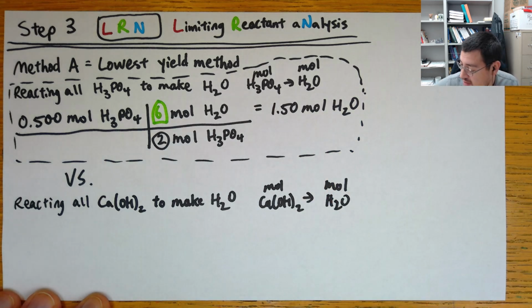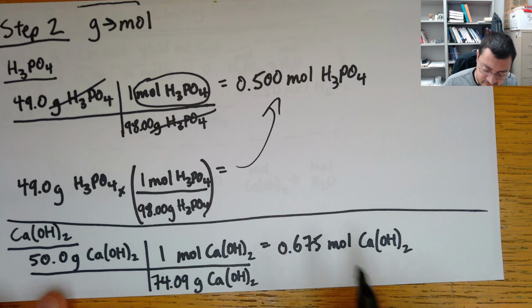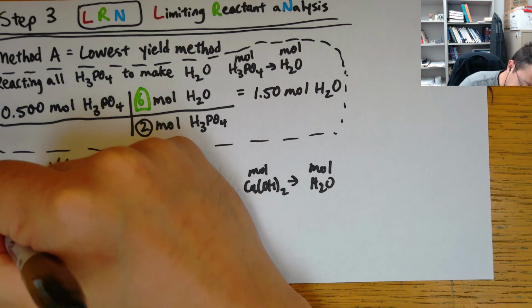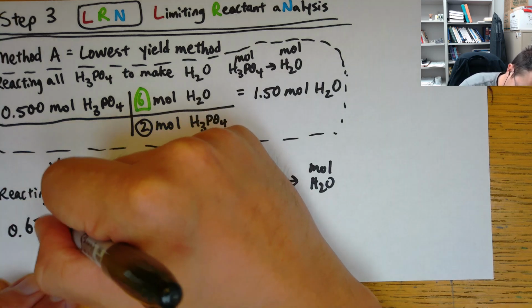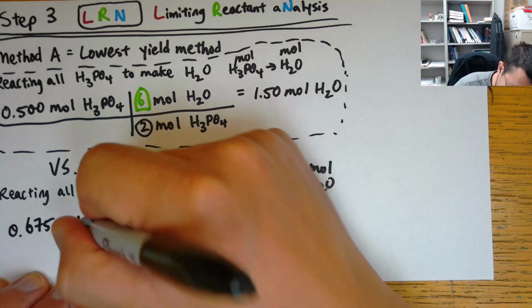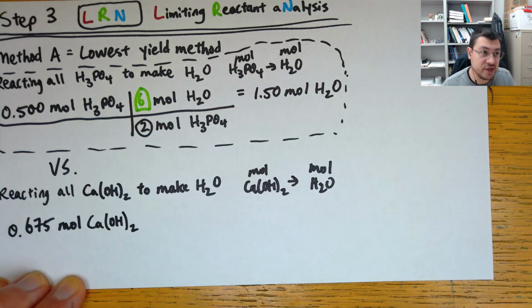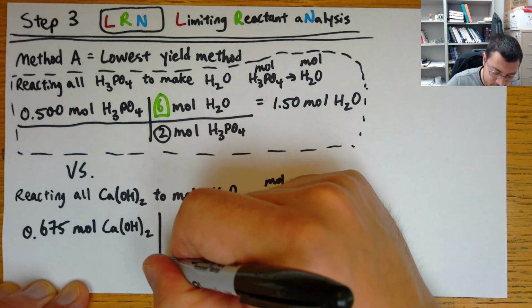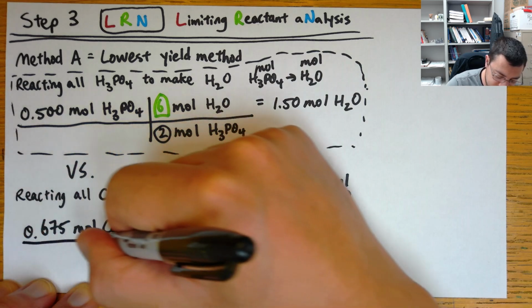All right, so let's find the calcium hydroxide we had. Okay, 0.675. And like I recommend in most of my videos, for best learning, I would recommend following along, writing your own notes, doing these calculations the same way I am, so that you get the mental and muscle memory, not just the understanding.